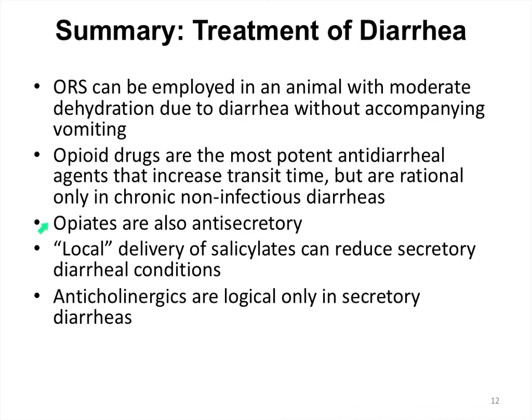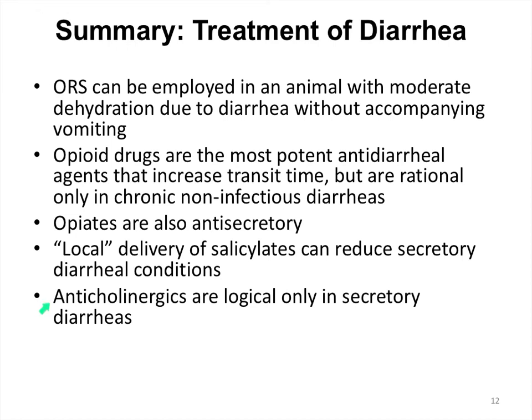Opioids are also anti-secretory. That's why they're also powerful motility modifiers and anti-secretory agents. Local delivery of salicylates, such as with Pepto-Bismol, bismuth can reduce secretory diarrheal conditions. By the way, it's the barium and the bismuth that also has an anti-secretory effect.